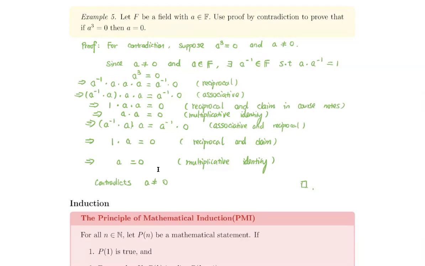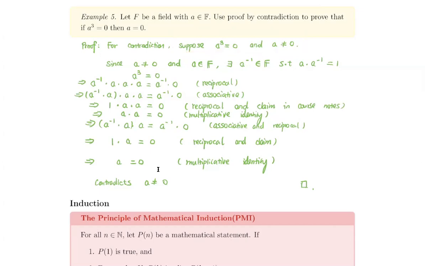Okay, let me explain what I did. Since I want to show if a cube equals 0, then a equals 0, I want to use contradiction, so I suppose the negation of this. That's why I suppose a cube equals 0 and a is not 0. So this is our assumption.